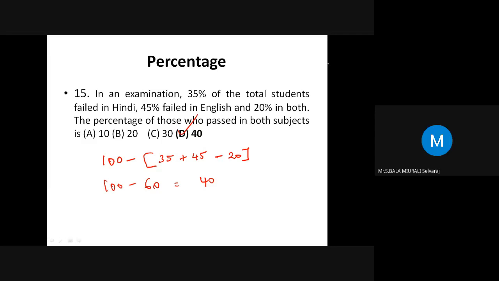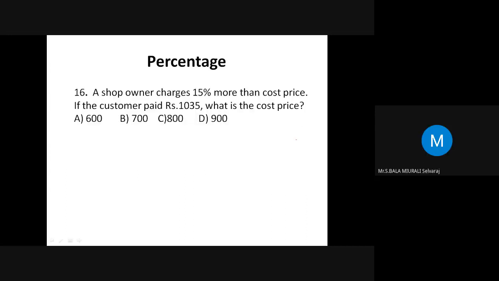Okay, sir. Fine. In a diagram, it will be like this, and this is 20. Now you see 20 is included in both, so we need to deduct. Understood? Okay, sir. Thank you so much.